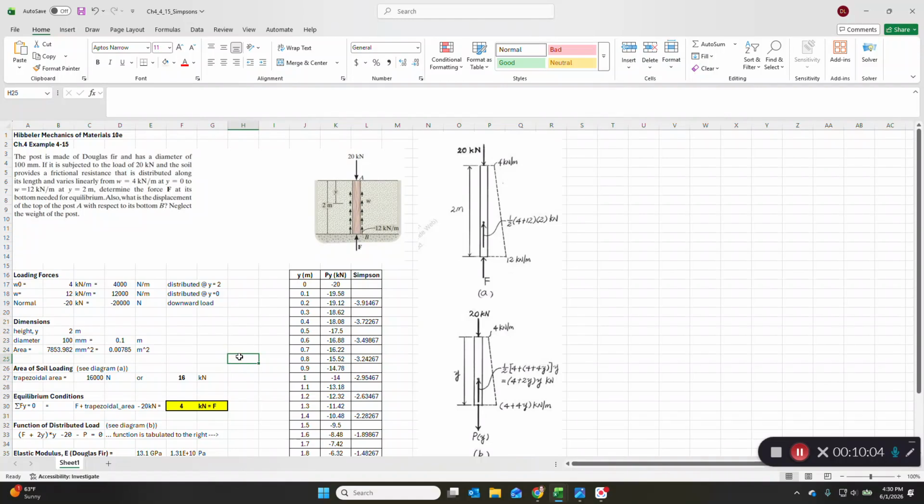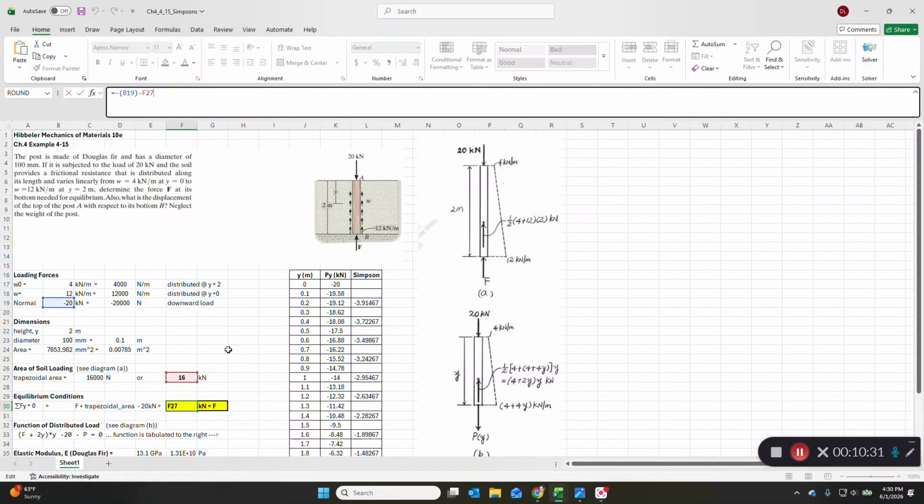Okay, so we can then easily calculate F upward if we have 20 kilonewtons down, and based on equilibrium conditions, the sum of the forces in the y direction must be 0. So we have F up plus the trapezoidal area resisting up, you can see that with these arrows, minus 20 kilonewtons down. That means that F has to be 4 kilonewtons. It's just simple subtraction in this case.